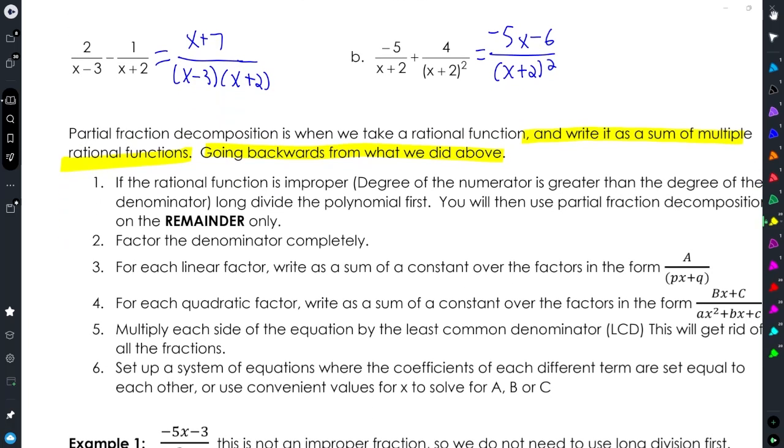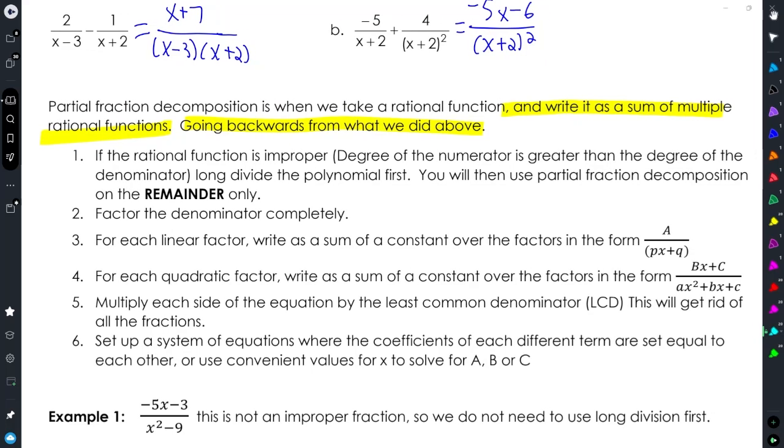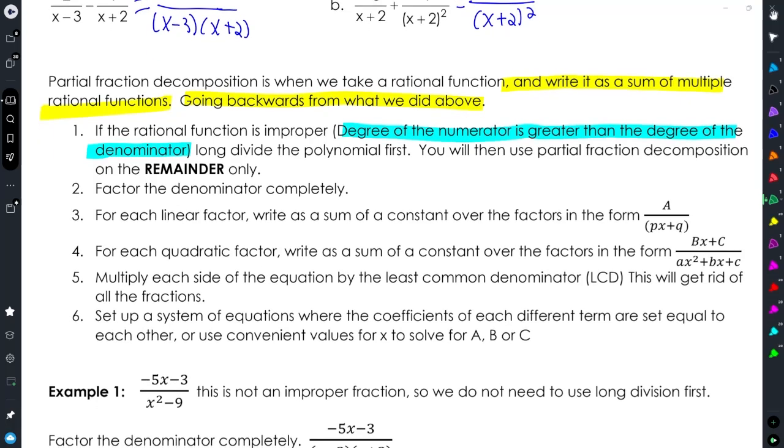Now, something to note, and you're only really going to see this in calculus: if a rational function is improper, which means the degree in the numerator is greater than the degree of the denominator, like when we were graphing rational functions, where we had to divide and get an oblique asymptote. If we had that situation here, we will do long division, and then do partial fraction decomposition for the remainder only.